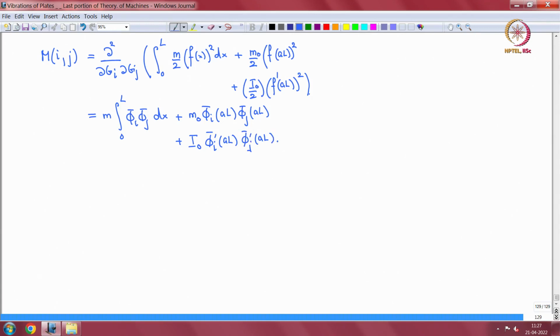Okay, so now after this integral, how does it look?